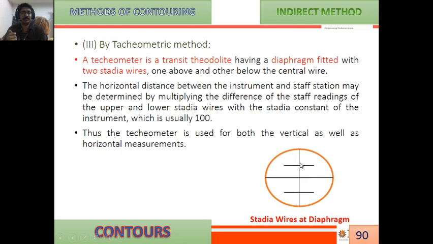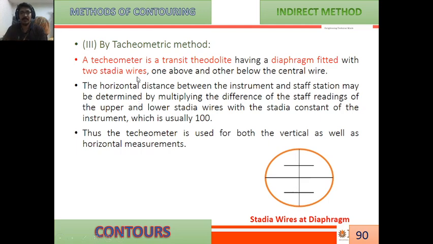The staff intercept is the difference between the top and the bottom readings. Here from the leveling staff we need to get the three readings. So the top minus bottom gives the staff intercept S, and K and C are constants. K you predominantly assume as 100 and C will be 0. So 100 into the staff intercept gives the distance directly. This we will discuss in the third unit in detail, right?